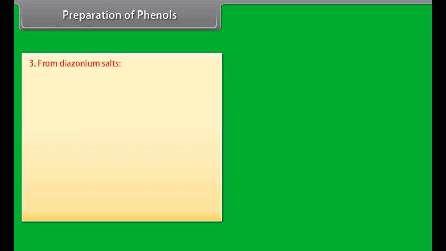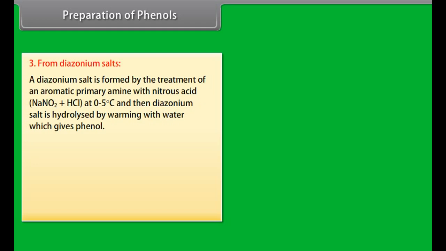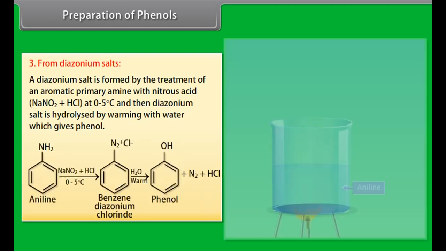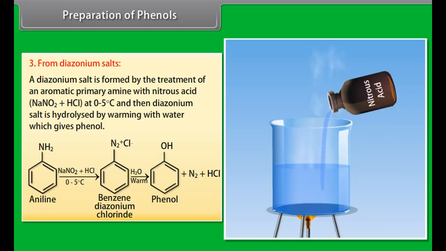Preparation of phenol. From diazonium salts. A diazonium salt is formed by the treatment of an aromatic primary amine with nitrous acid at 0 to 5 degrees Celsius, and then the diazonium salt is hydrolyzed by warming with water, which gives phenol. Aniline is treated with nitrous acid at a temperature of 0 to 5 degrees Celsius.